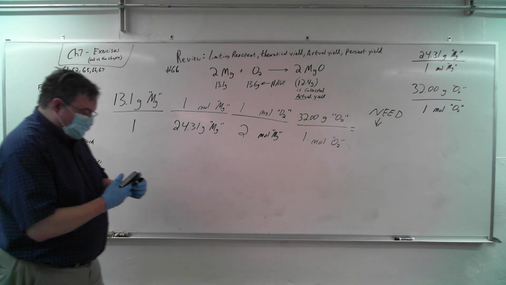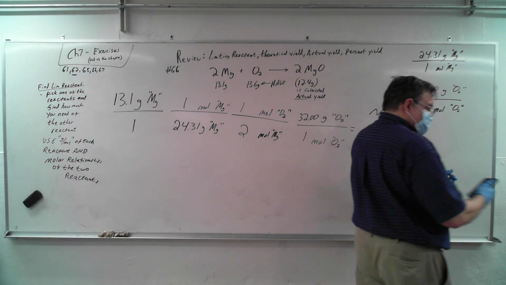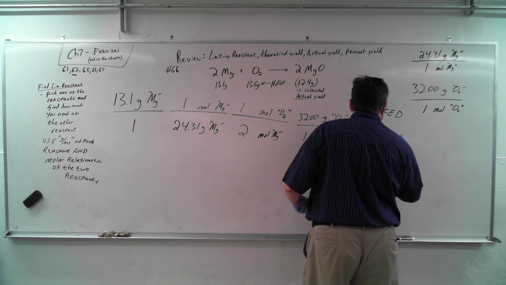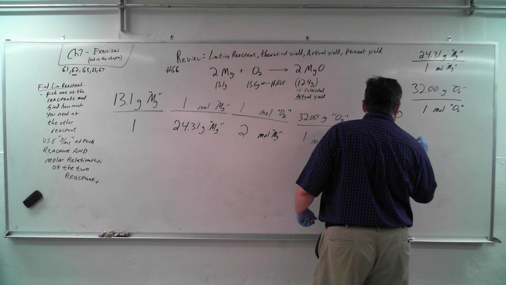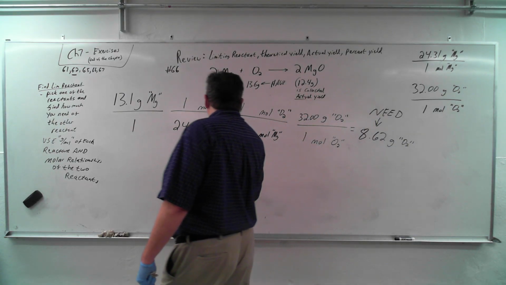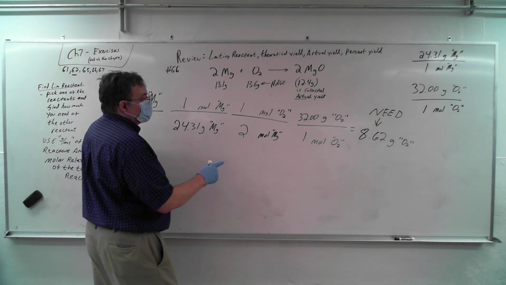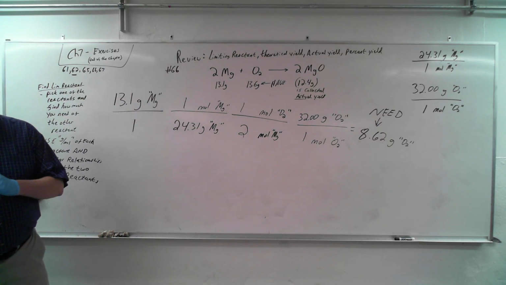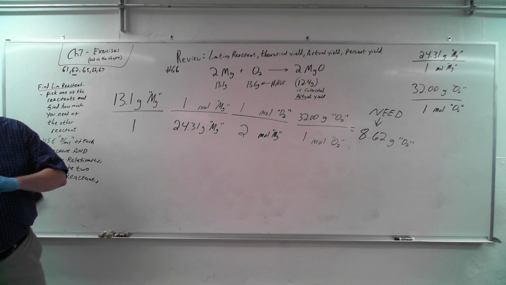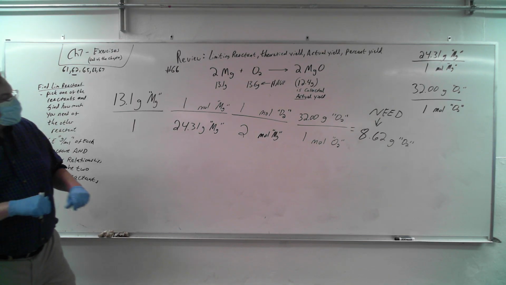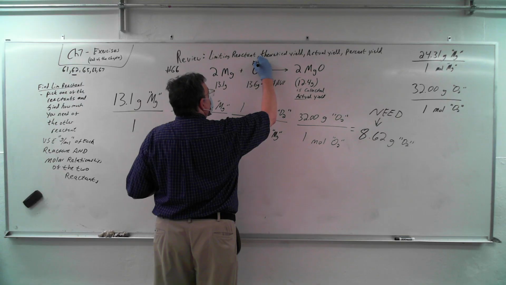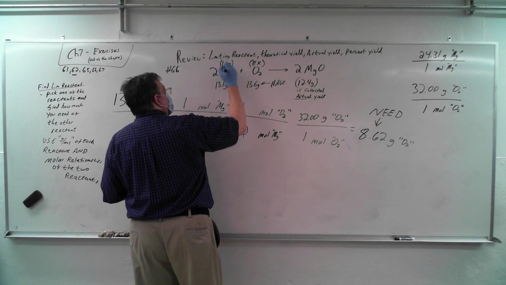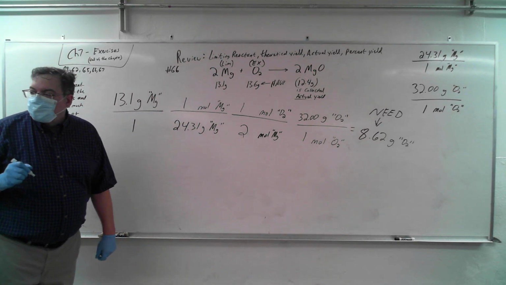We're going to be in three significant figures, so I got 8.62 grams of O2. That's what we need. This is what we have. So what is O2? It's excess. We have way more than we need. So this is excess, which necessarily means this is limiting. So we have discovered which one is the limiting reactant.